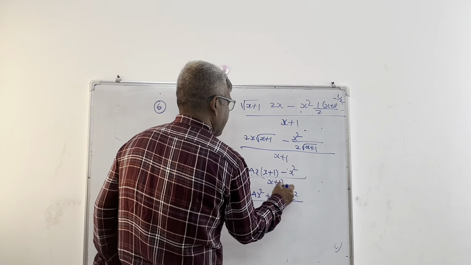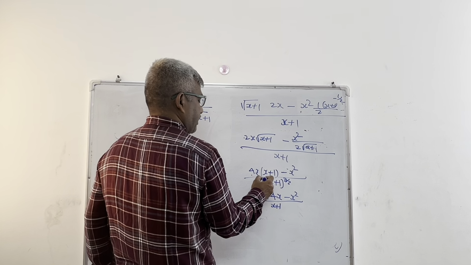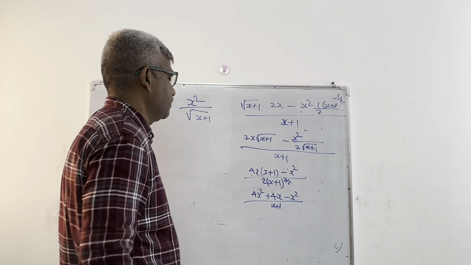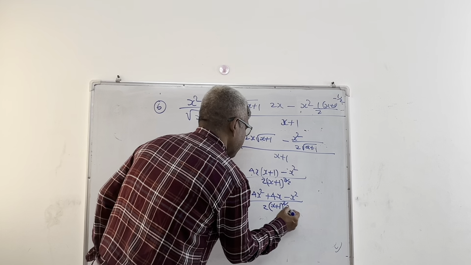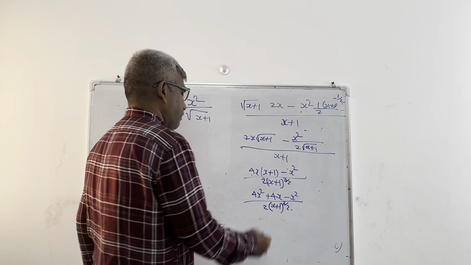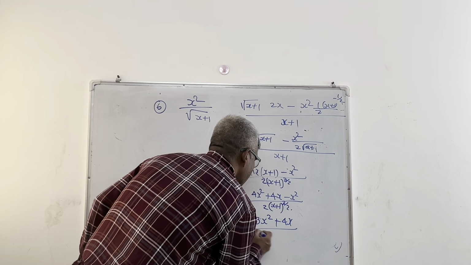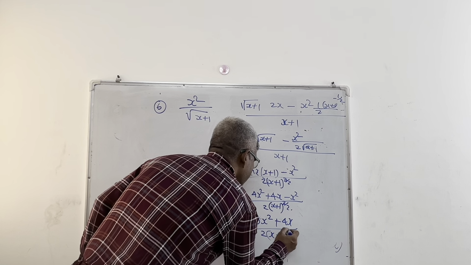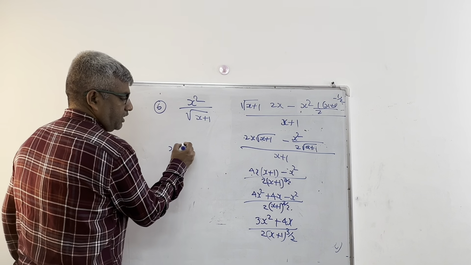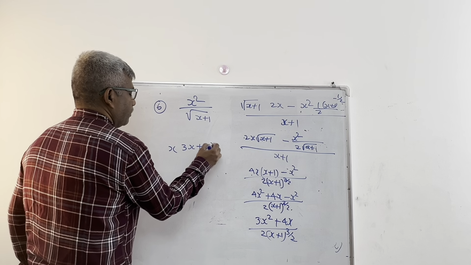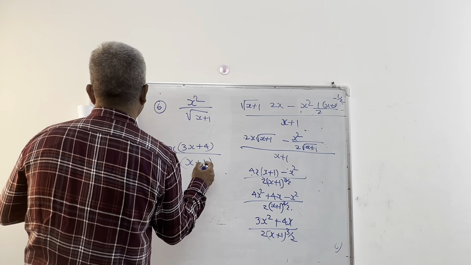If it comes here, it will be (x plus 1) to the power 3 by 2, because the denominator goes out. So 2 times (x plus 1) to the power 3 by 2. Further simplified, it will be (3x squared plus 4x) over 2(x plus 1)^(3/2). If you take x out, x(3x plus 4) over 2(x plus 1)^(3/2).